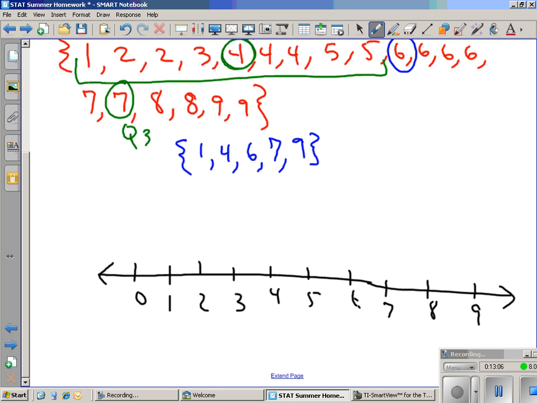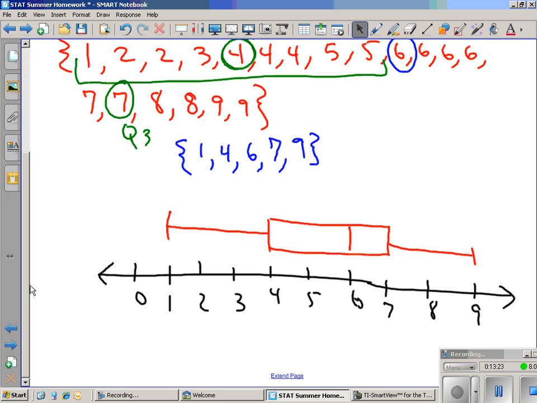Okay. So I'll draw a line at 1, at 4, at 6, at 7, at 9, connect it like this, and that's my box plot, okay?